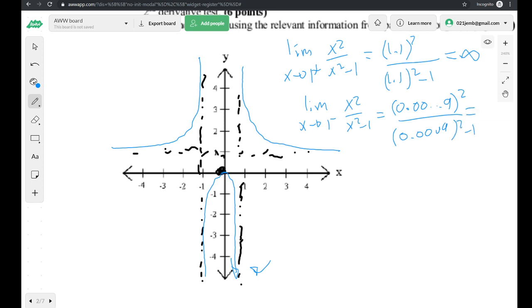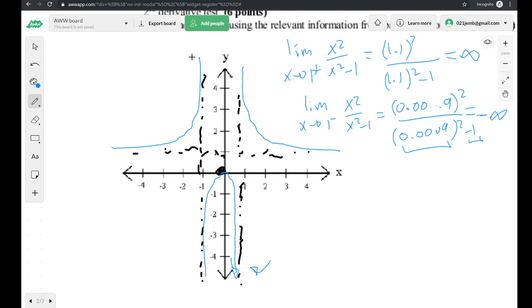Of course, the 1 is greater than whatever this is, so it will be negative. And a number divided by a very small negative number is negative infinity. So that's about it. And of course, the limit as x approaches 1 of this function does not exist because the limits from either side are different.